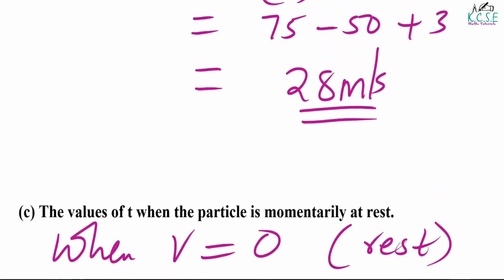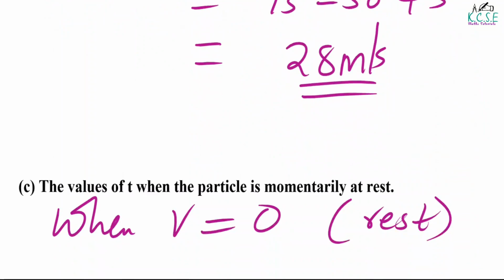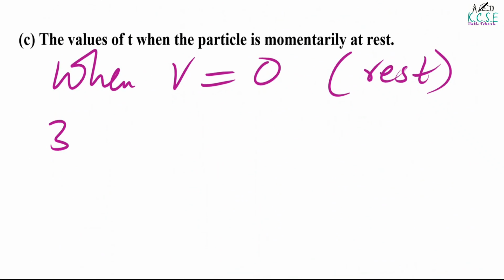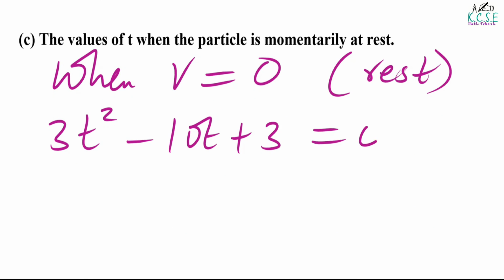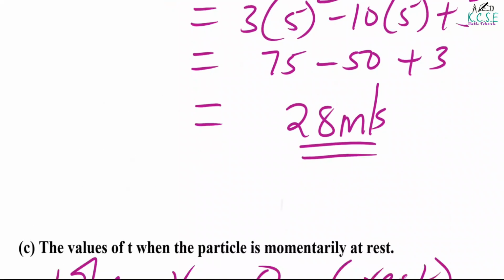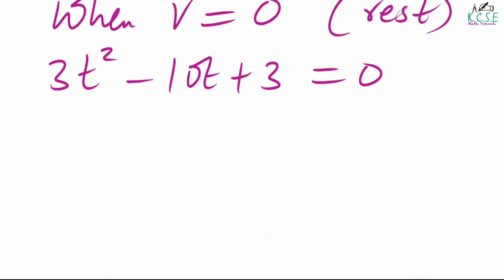So we need to take this expression for velocity and equate it to 0. So 3t squared minus 10t plus 3 equals 0. So we get the value of t. This is a quadratic equation, so you get two values of t. We need two numbers whose product is 9 and sum is -10.